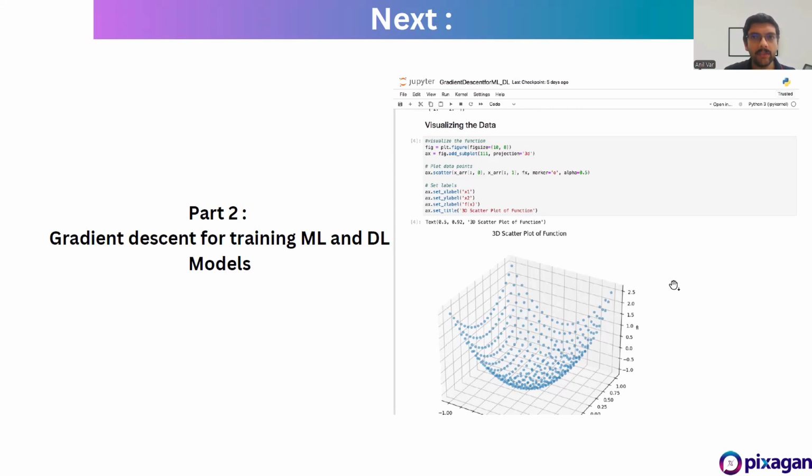Now, what we have done is taken a simple function, a quadratic function in one variable, so it's a one-dimensional function, and found the minimum using gradient descent. We haven't covered a lot of the theory in terms of how it works, in terms of optimization problems.